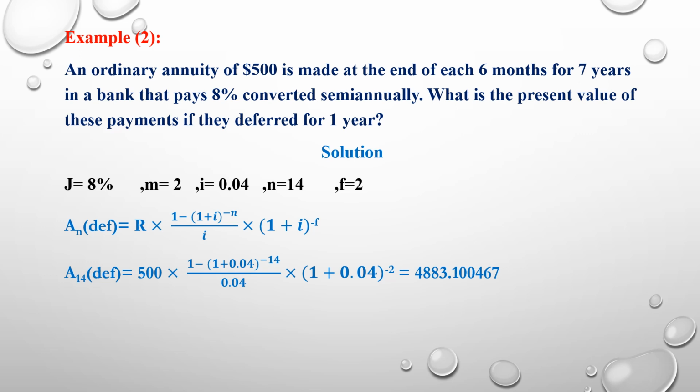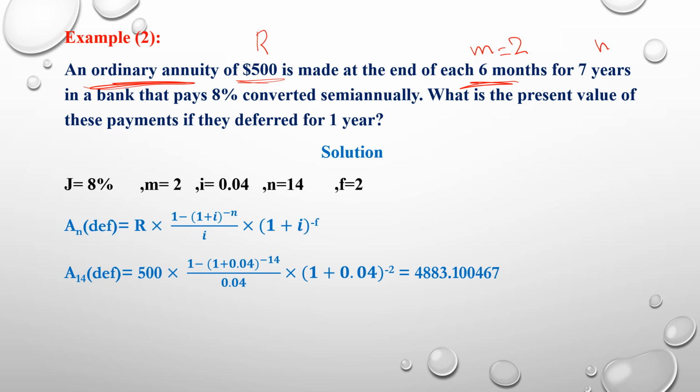Another example: an ordinary annuity of $500 is made at the end of each 6 months for 7 years. So our payment here is R equals $500, and it is made at the end of each 6 months. So M equals 2, as the payment is made twice a year, and this is for 7 years.